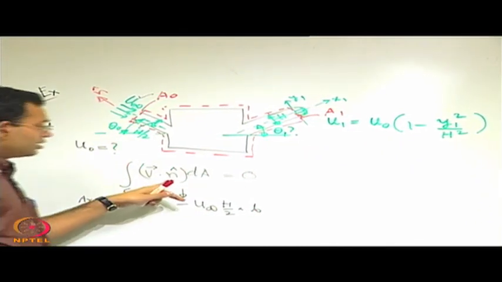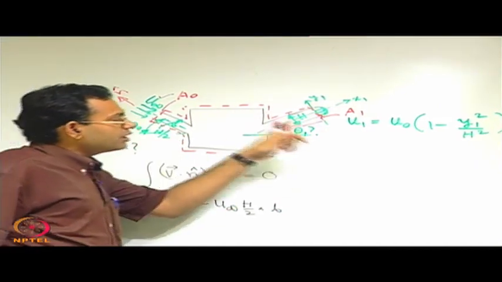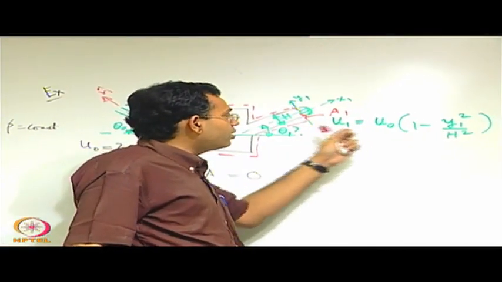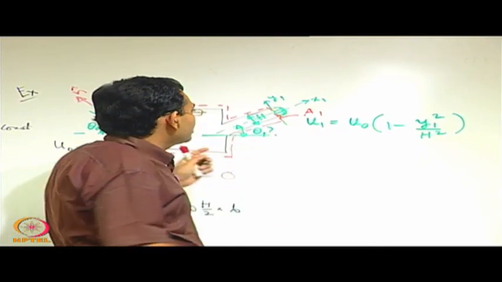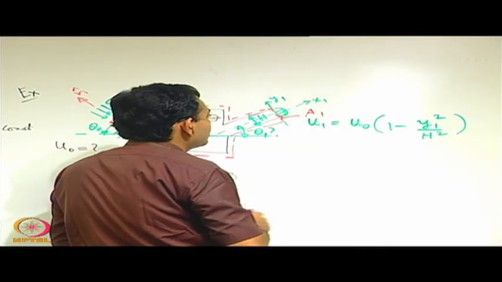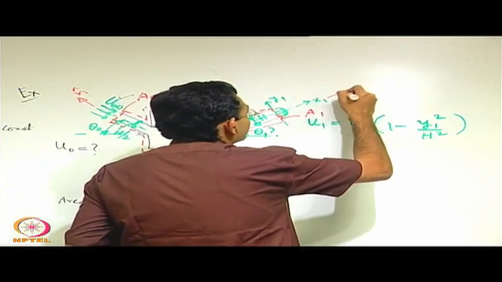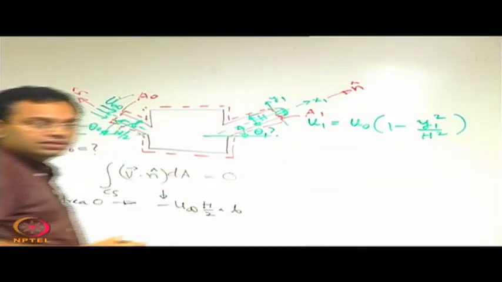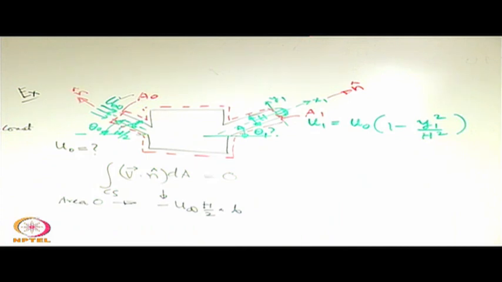But you have to keep in mind, forget about that functional dependence on y1, u1 is going out of the area, and n is also oriented out of the area.